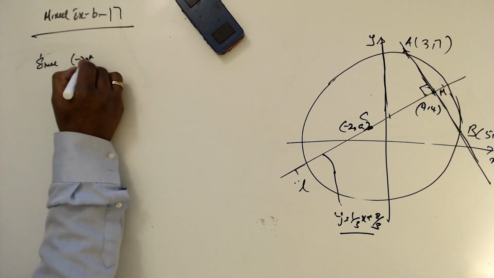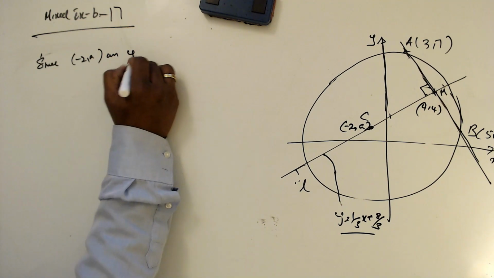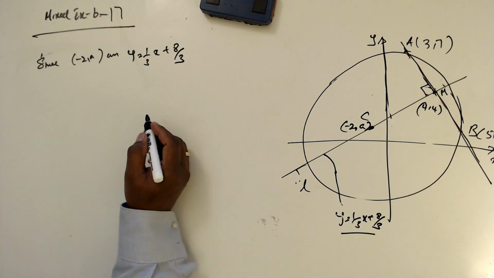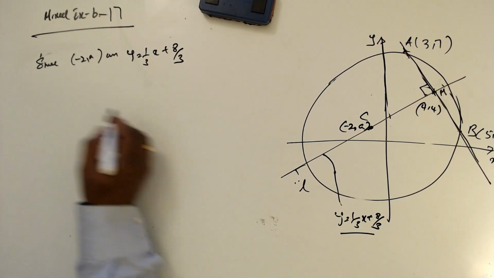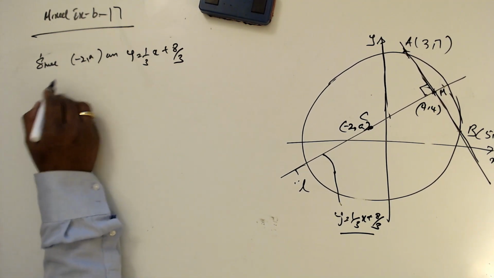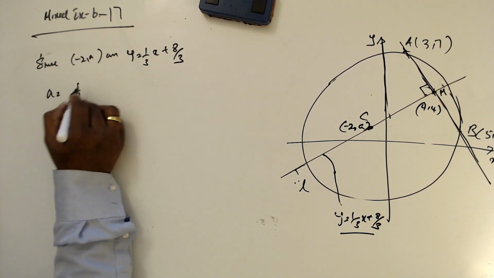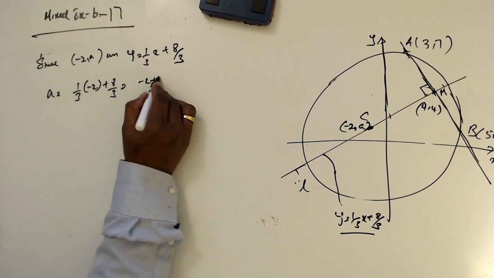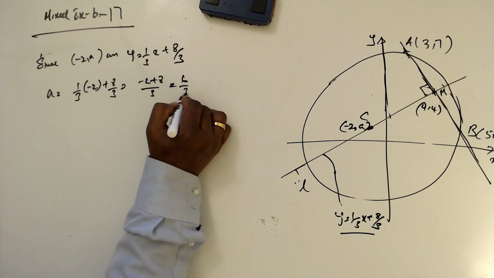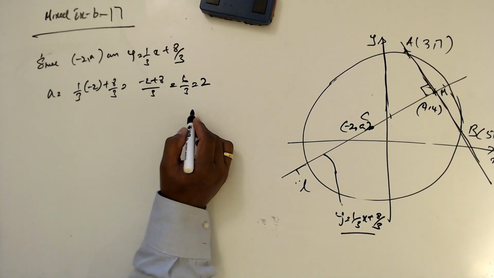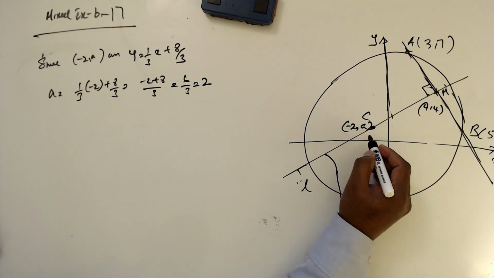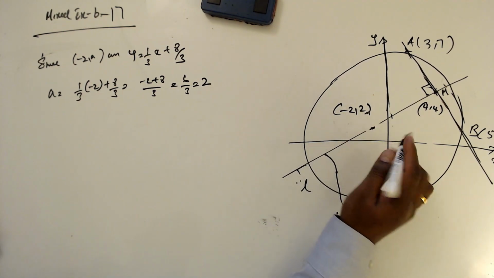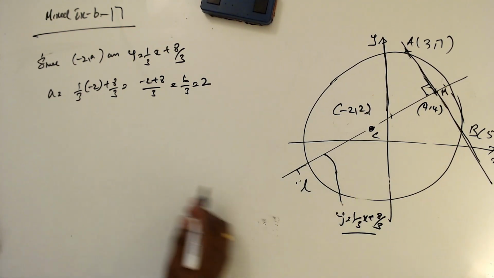Since (minus 2, a) is on y equal 1/3 x plus 8 over 3, I will substitute: y equal a, 1/3 times x, which is minus 2, plus 8 over 3, which is minus 2 plus 8 over 3, 6 over 3, which is 2. So the a value is 2. Center C is (minus 2, 2).